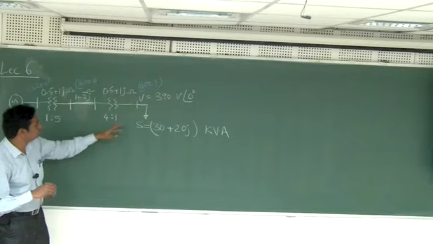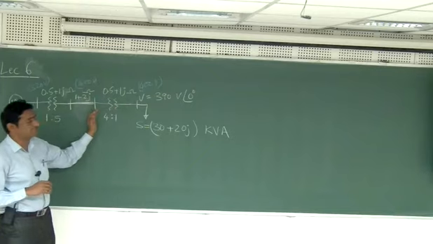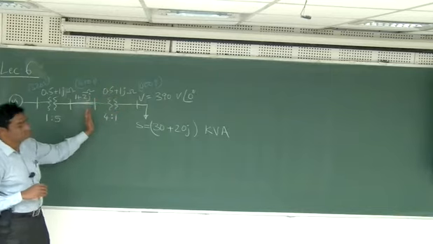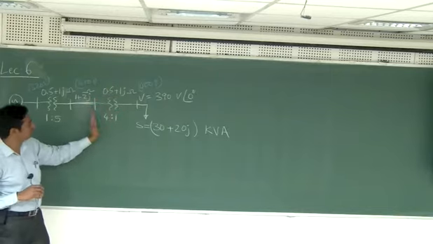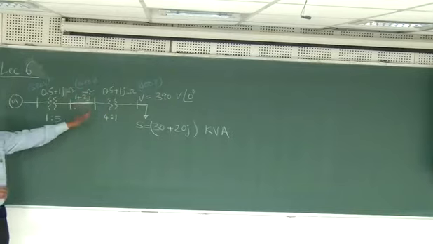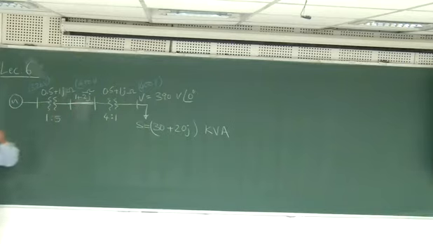Then you transfer the current from this side to the primary side, find the voltage drop, and again multiply that current with this. For each component you had to do one by one calculation. Only then you got the final answer. That was without using per unit.